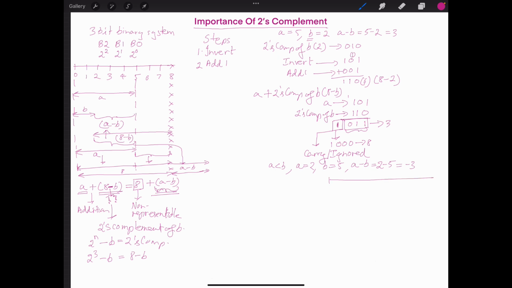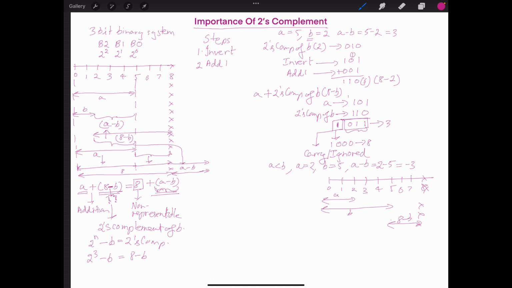So let's represent 0, 1, 2, 3, 4. A is 2, which is this quantity. B is 5, which is this quantity. And this is going to be 8 minus B here.